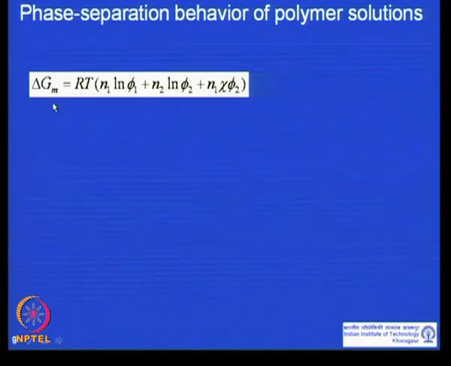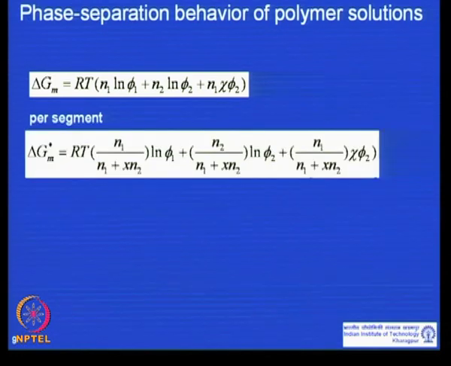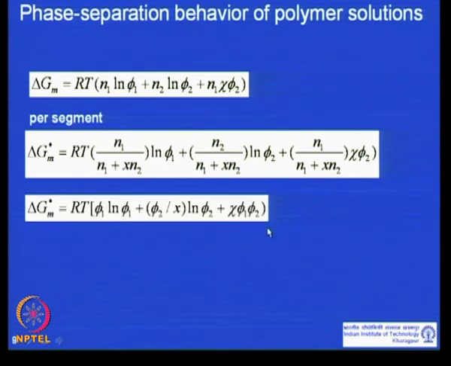Now, if you want to convert it to energy of mixing per segment, or per lattice site, then we divide by the total number of segments, or number of lattice sites. N1 is for the solvent and this is for the polymer. So you divide that and you get another expression for the Flory-Huggins expression, which gives the free energy of mixing expressed per segment of the polymer molecule.